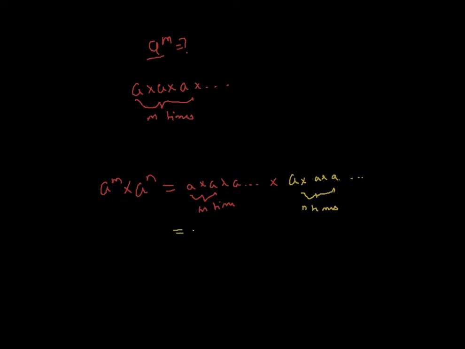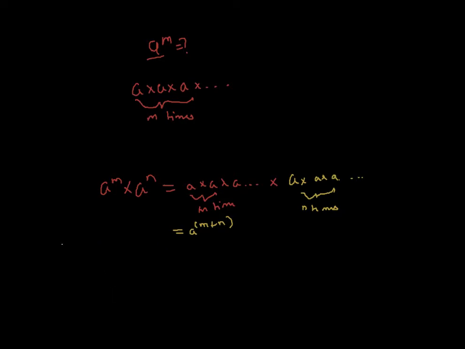The rule says that if we have two numbers with the same base but different indices, we can just add the indices and write the base as it is. So this will be equal to a to the power m plus n, right?